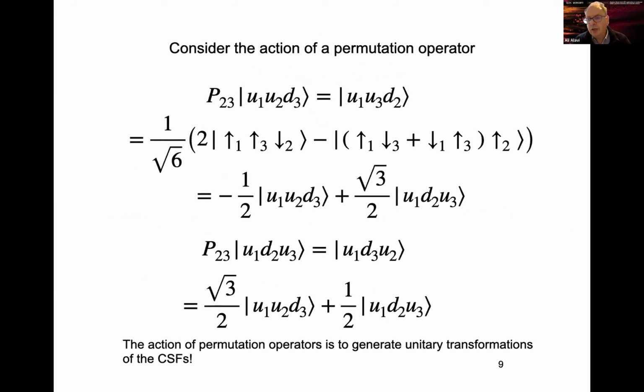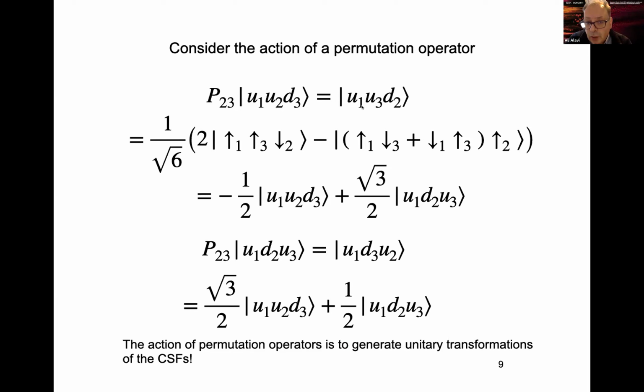But now let's consider doing something which initially seems a bit odd, which is let's apply a permutation operator onto one of these CSFs. And the particular permutation operator we're going to consider is P23. So we're going to swap the labels of sites 2 and 3. So when you apply that, let's say, to one of the CSFs, U1, U2, D3, you generate a CSF U1, U3, D2.